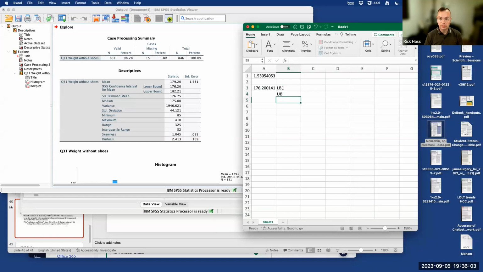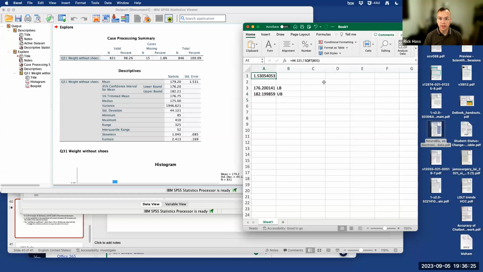The upper bound equals, again, the mean, 179.2, plus this time, because we're going in the other direction, 1.96 times standard error.